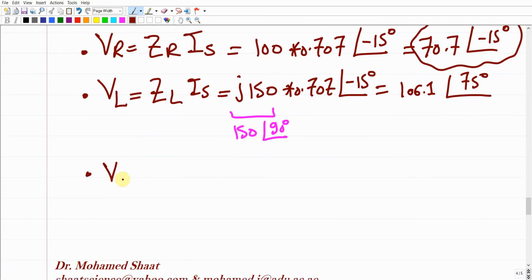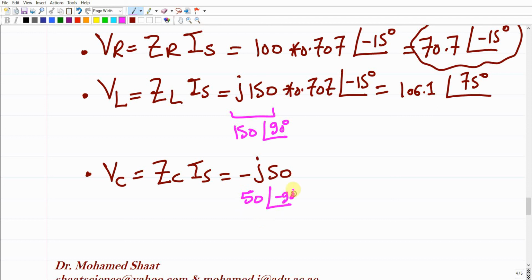How about the VC over the capacitor? It's going to be ZC times IS equals the negative of j50. This negative term can be converted. It is equivalent to 50, but the angle negative 90 degrees. Very simple. If it is positive j, it's going to be 90. If it is negative j, it's going to be negative 90.